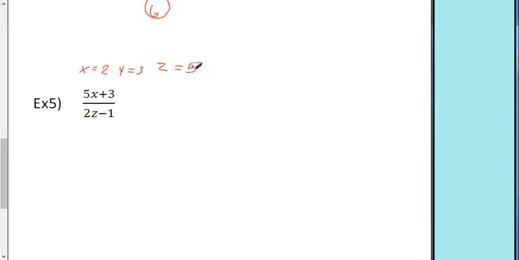Let's make z equal to 4. All right? So x is equal to 2, y is equal to 3, and z is equal to 4. So let's do this first problem. What I'm going to do is plug my numbers in. So the first thing I'm going to do is put my numbers in there. So 5 times, what is x? 2 plus 3. All of that over 2 times 4 minus 1.